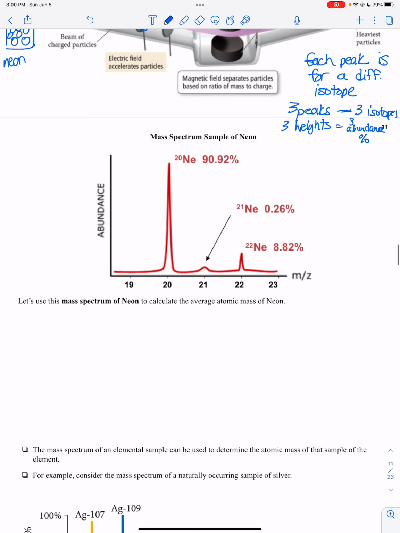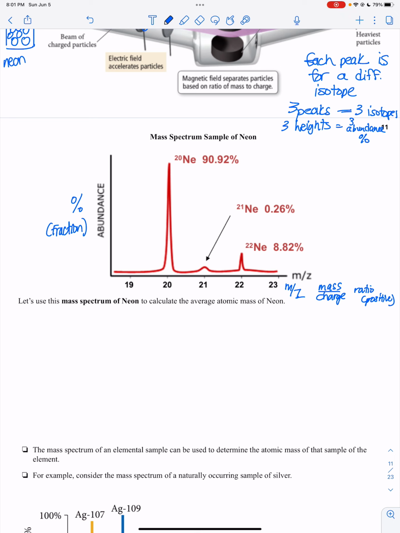And so here's an example of neon. Here is a mass spectra of neon, or mass spectrum of neon. On the y-axis, we have the percent abundance, or even the fraction. And then on the x-axis, we have something called m over z. It's a mass to charge ratio that's only positive.